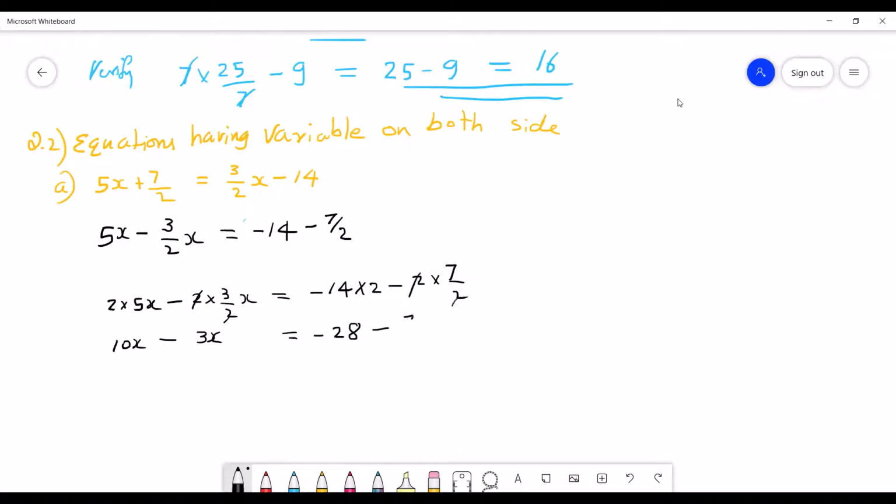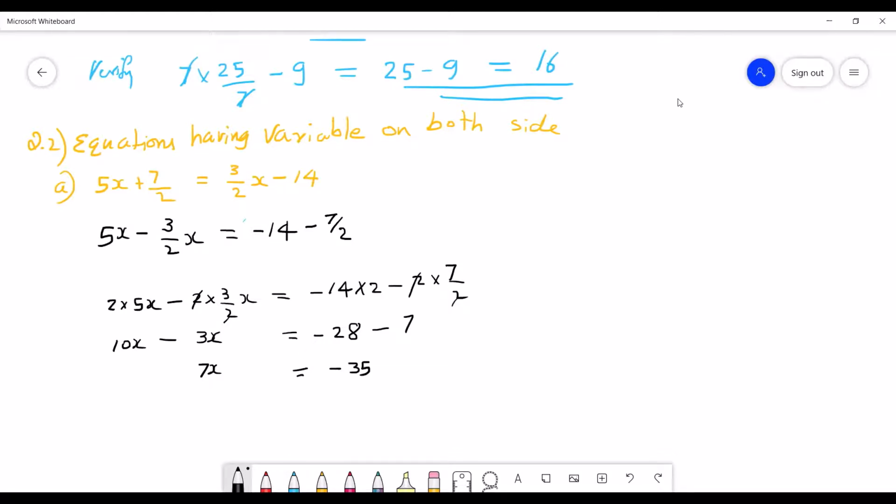Now 10x minus 3x, 10 minus 3 you have to do. So 10 minus 3 is 7x. That will be equal to minus 28 and minus 7. So both have to be added, so we will get minus 35.